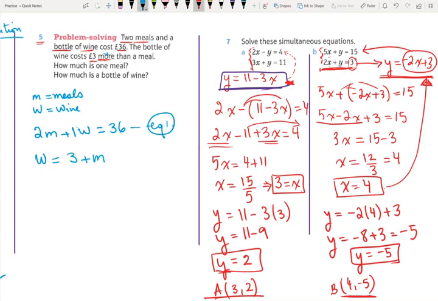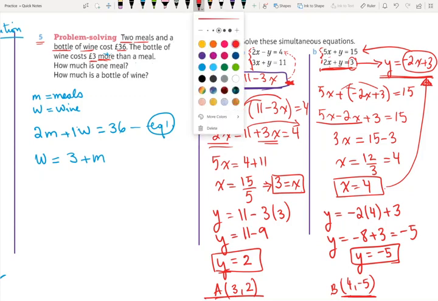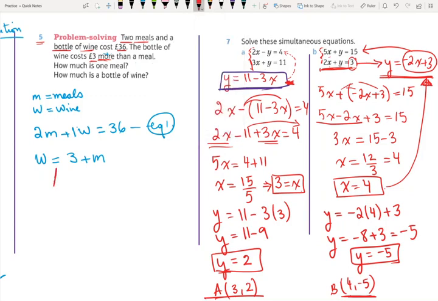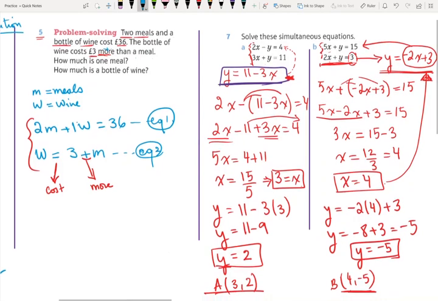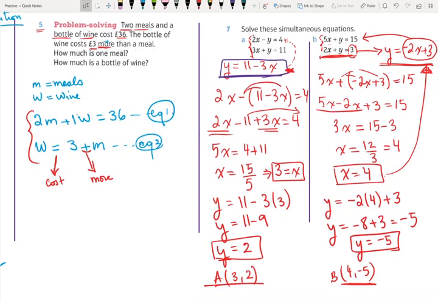So if I want to replace the math by the English, equal means cost, and the plus means more. So now I have 2 equations and 2 unknowns, therefore I can easily find the values of the cost of the meal and the cost of the wine.